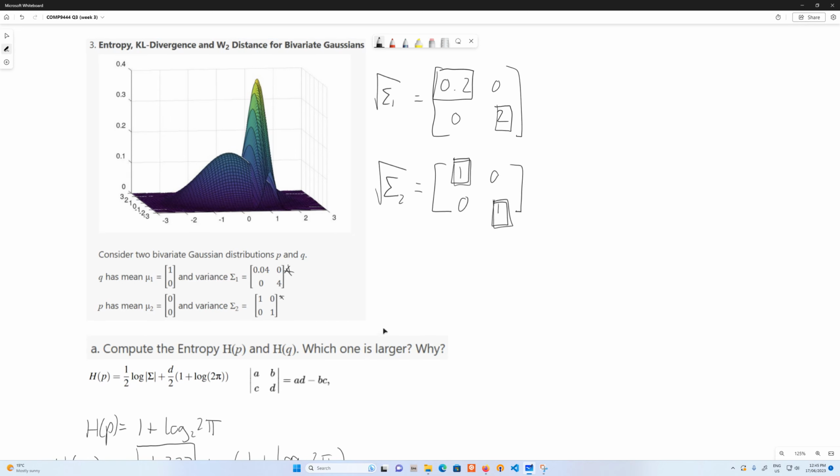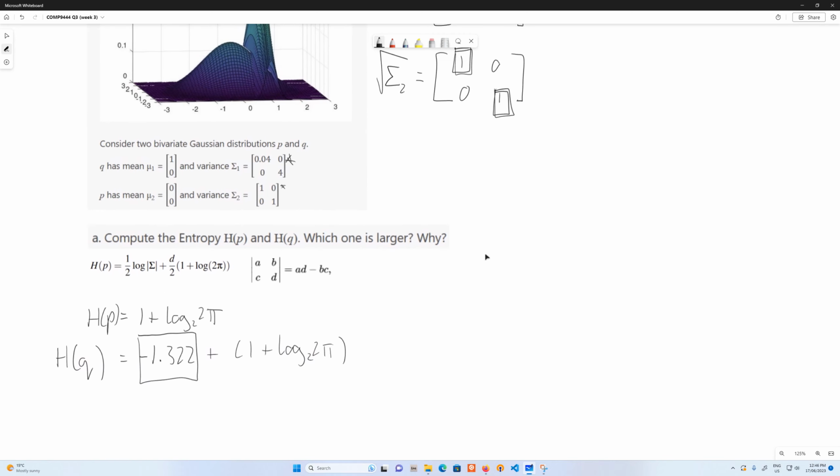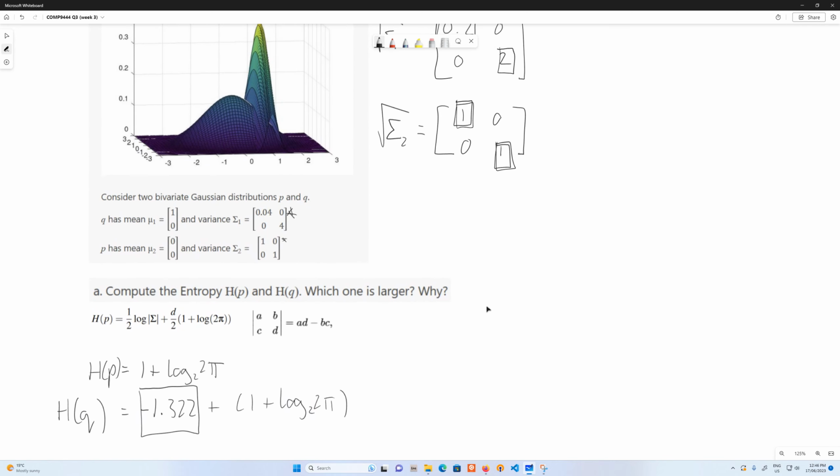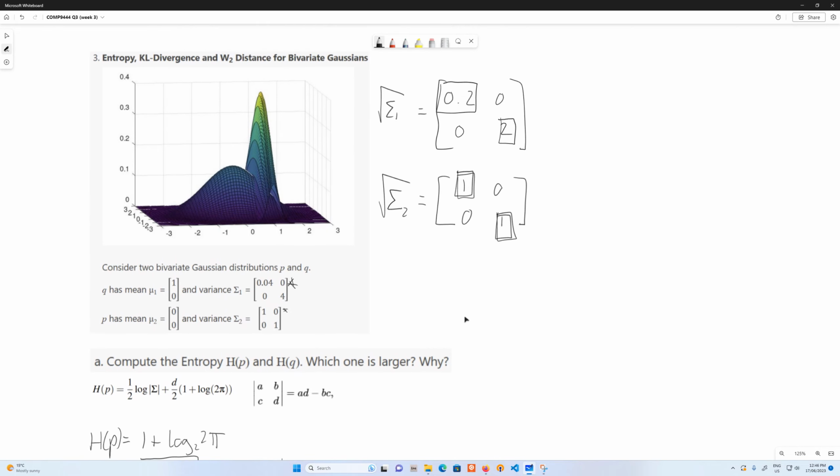So we think distribution Q is this one with the bigger peak that's been compressed, and we've got to think about why we found what we found. Distribution P having a larger entropy makes sense, because with more width and a lower peak, the probability of the outcomes for P is more spread out and therefore more uncertain.